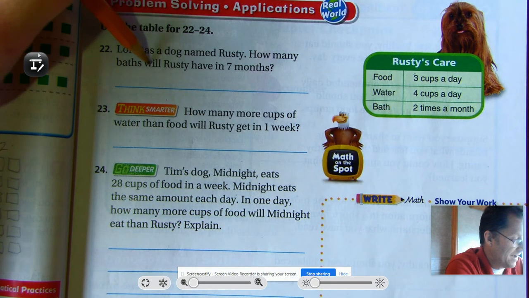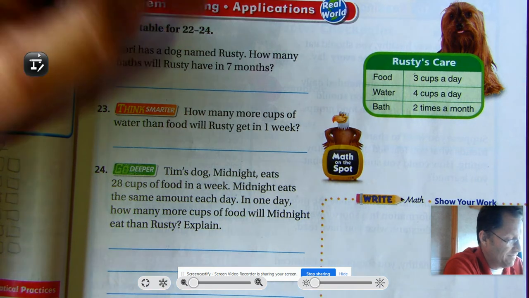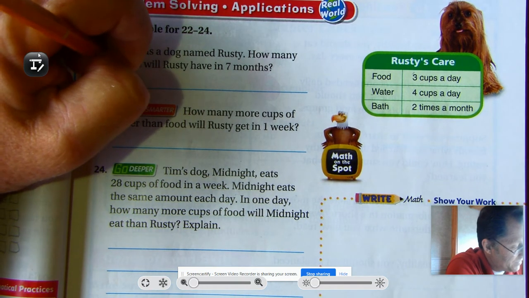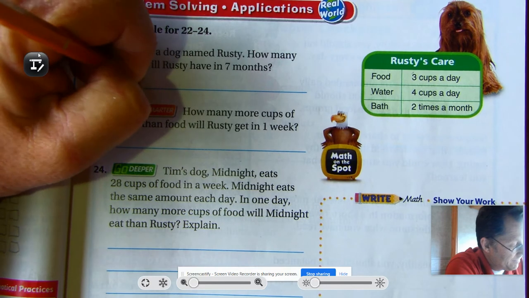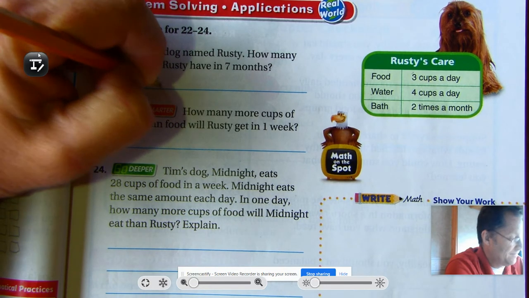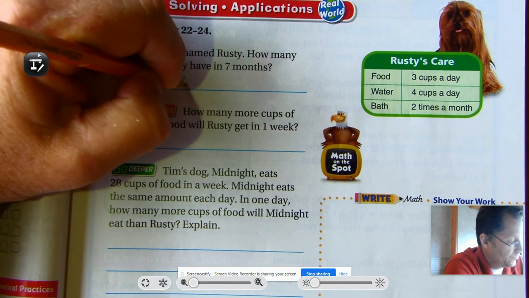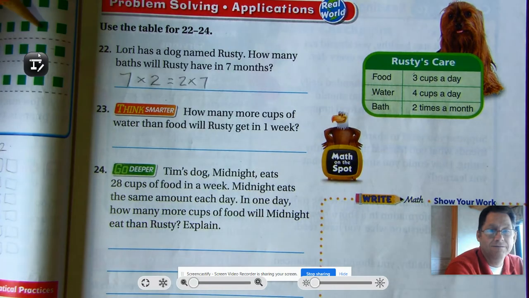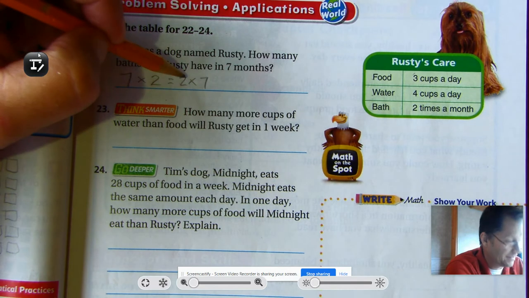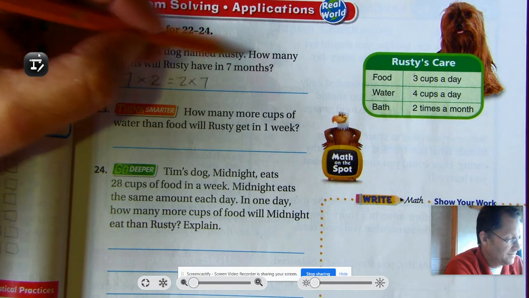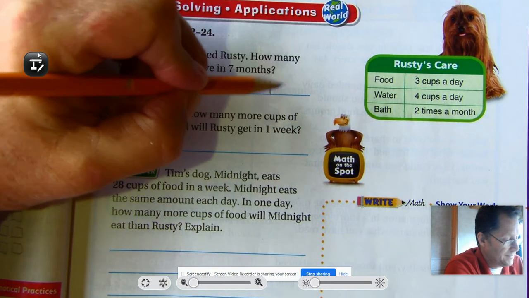So how many baths will Rusty have in 7 months? So 7 months, every month he gets 2 baths. So we can have 7 times 2 or 2 times 7. So all I did here was write the commutative property. 2 sevens equals 14 baths.